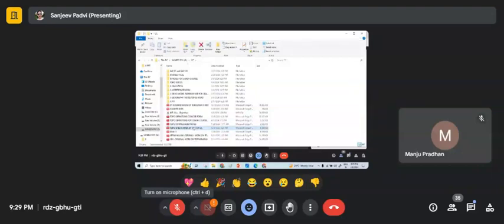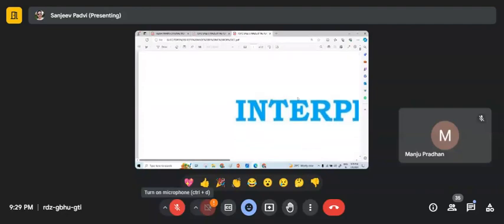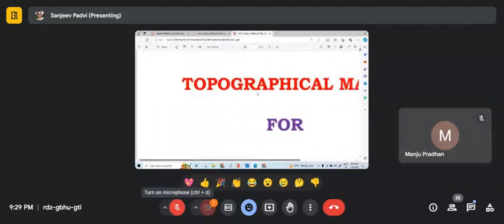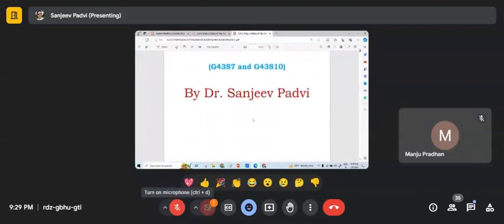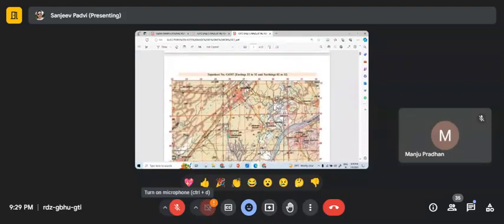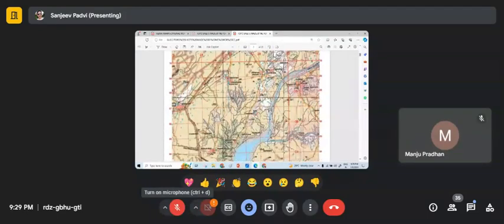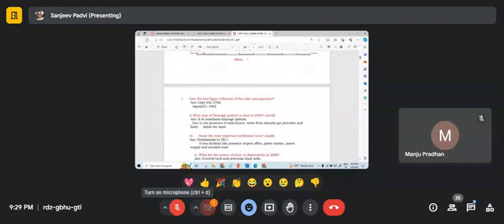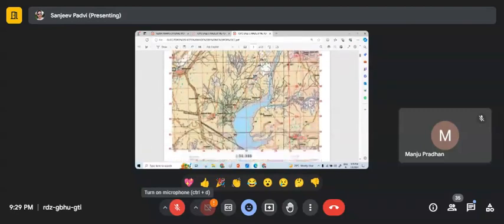Now if you see here, these are those topo sheets. For example, this is topo sheet number 1. And here are the questions. Give 4-figure grid reference of lime kiln and aqueduct. So here you find the answers also. You can search here, you can find answers.